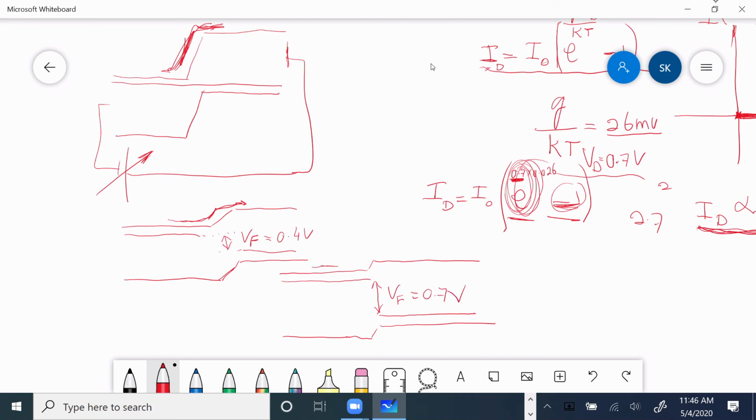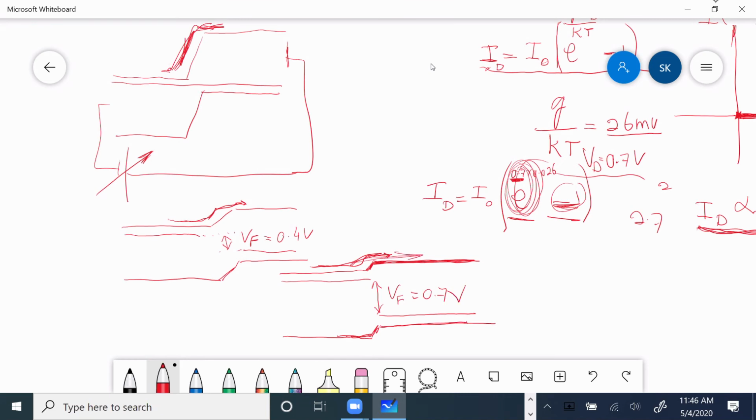And now the electrons can easily travel. There is no barrier for them. I only showed this much because I wanted to show you the barrier.